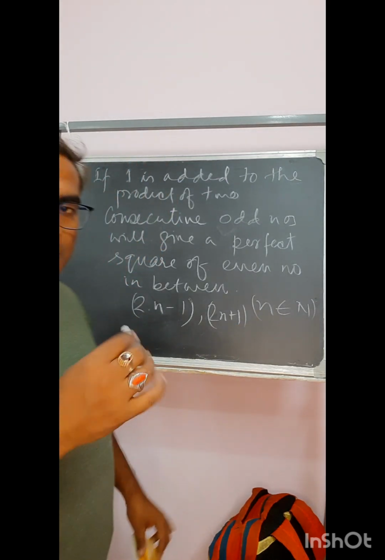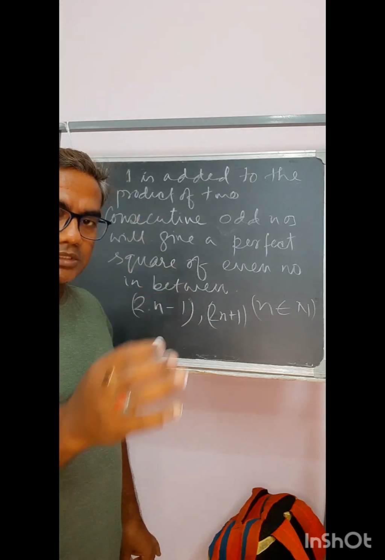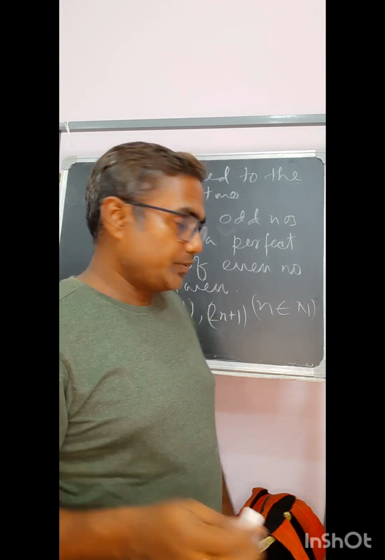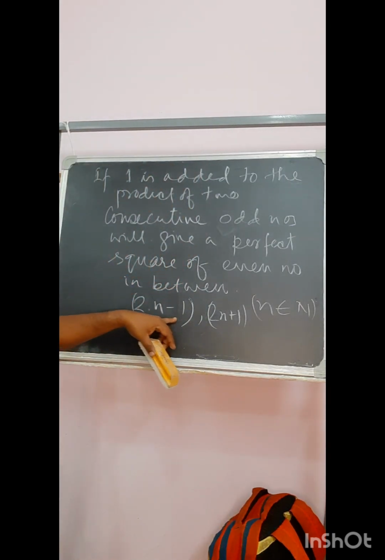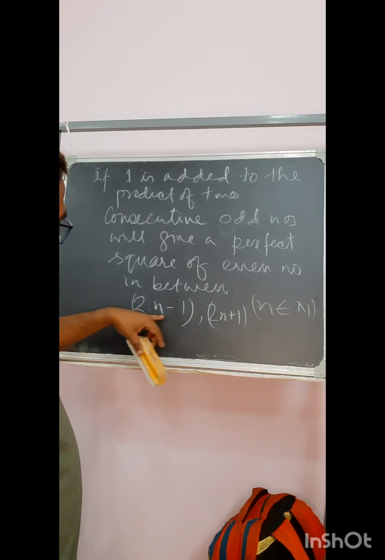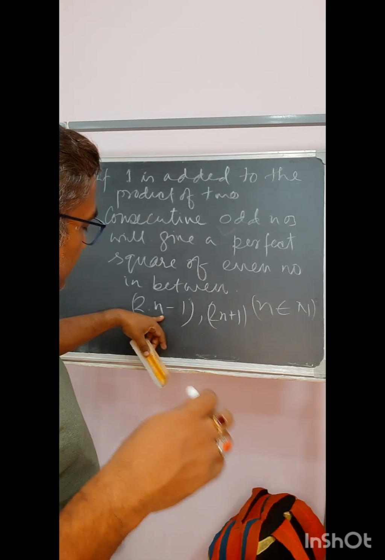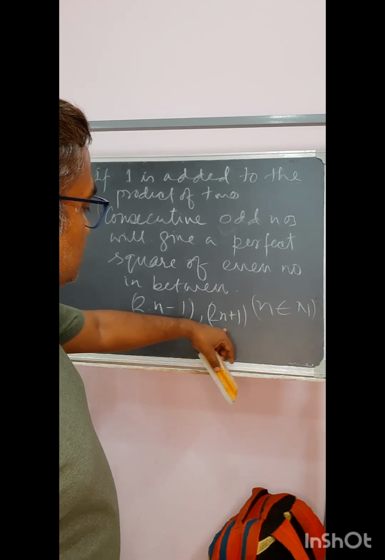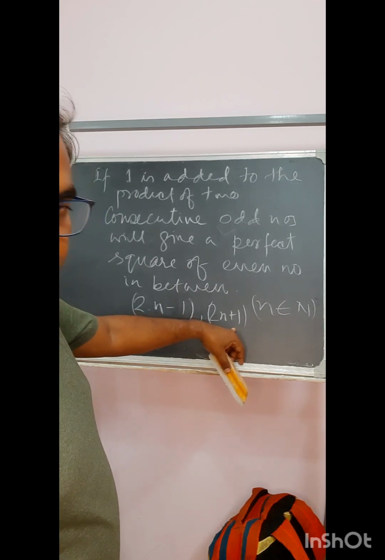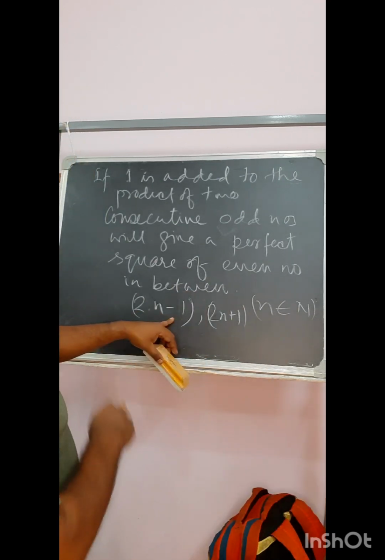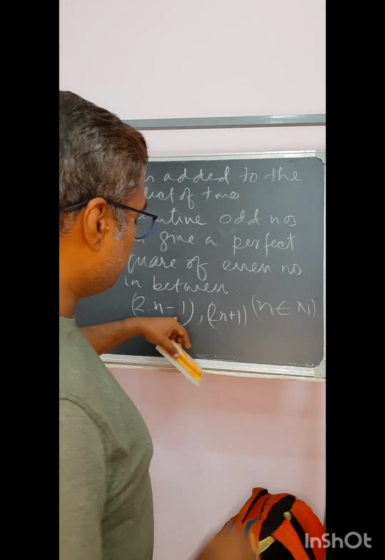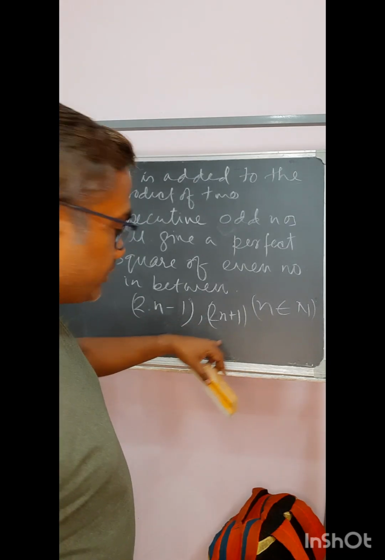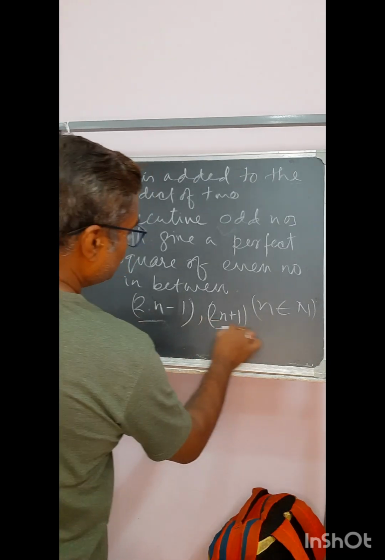Consecutive odd numbers, like consecutive even numbers, differ by 2. So these are the two odd numbers.